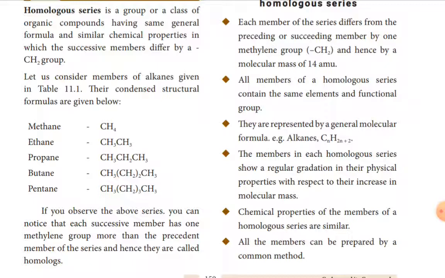What is the functional group of aldehyde? CHO. That will be the same functional group in the compounds under aldehyde. Ketone family: the compounds have CO as the functional group. Carboxylic acid, COOH. Ester, COOR. Ether, OR. These are the functional groups. So compounds of a homologous series contain the same elements, carbon and hydrogen, and the same functional group.